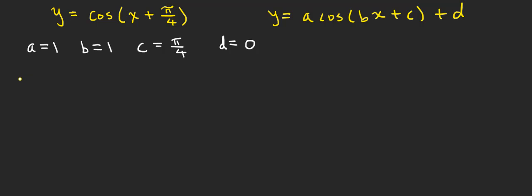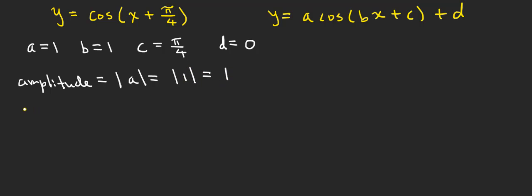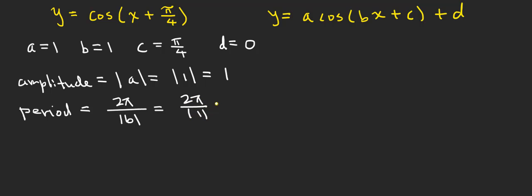So what is the amplitude? Amplitude is the absolute value of A, which is the absolute value of 1, which is 1. What about the period? Period is 2 pi over the absolute value of B. So in this case, it's 2 pi over the absolute value of 1, which is 2 pi.